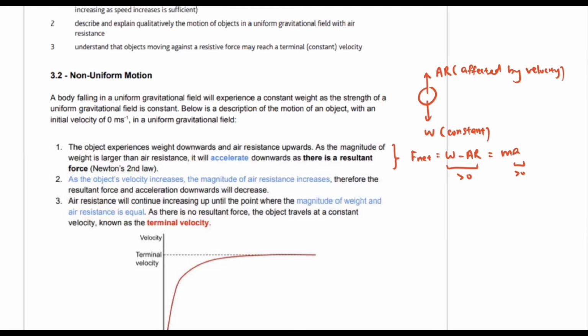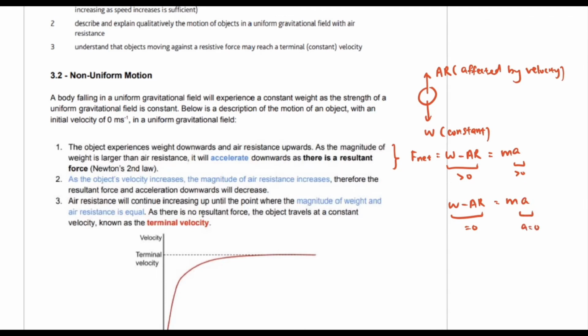So acceleration decreases. Air resistance will continue increasing up until the point where the magnitude of weight and air resistance is equal. So when W minus AR equals 0, then based on Newton's second law, a is also equal to 0.